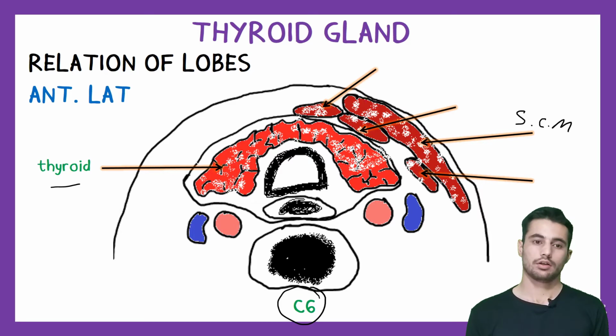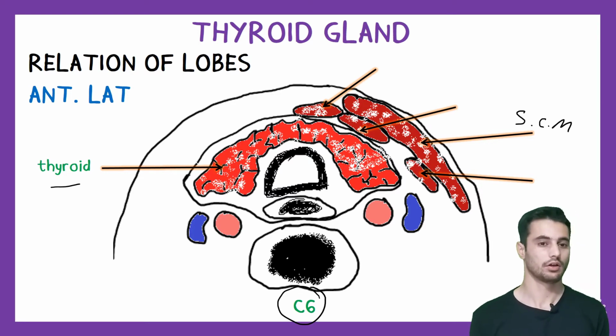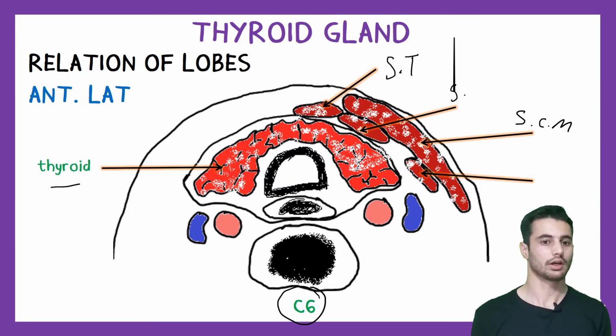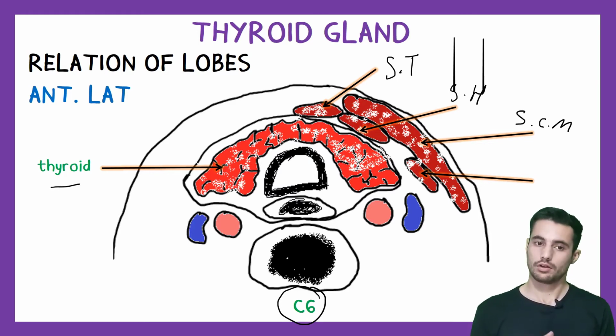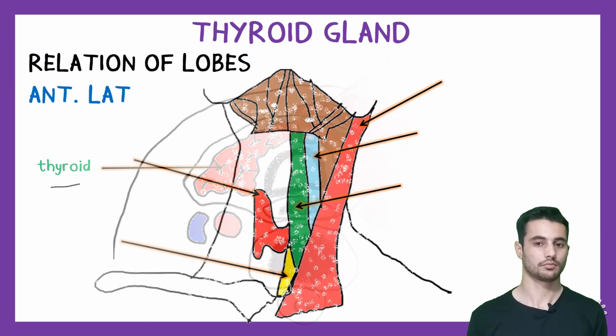Immediately anterior to the thyroid gland, we have the sternothyroid muscle. Beside this sternothyroid muscle, we have the sternohyoid muscle. Now, the omohyoid muscle is located laterally towards the thyroid gland. So this is the omohyoid muscle.